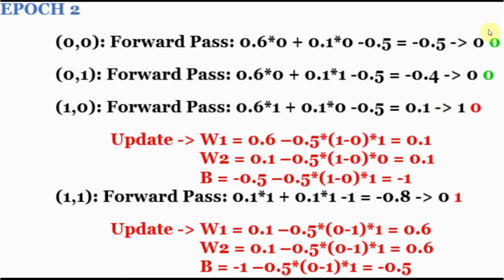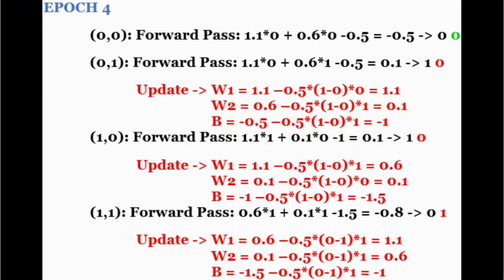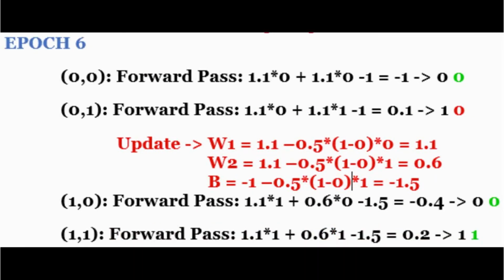In epoch 2 we classify the first 2 properly, the second ones are not. We go to epoch 3, epoch 4, epoch 5, 2 updates again, epoch 6, and we do only 1 update. So here now our weight 1 is 1.1, our weight 2 is 1.1, and our bias is minus 1.